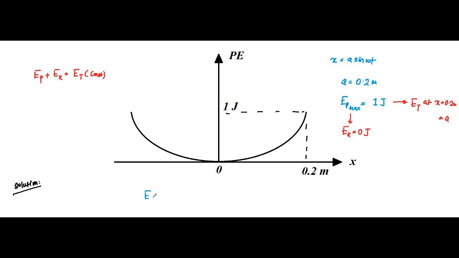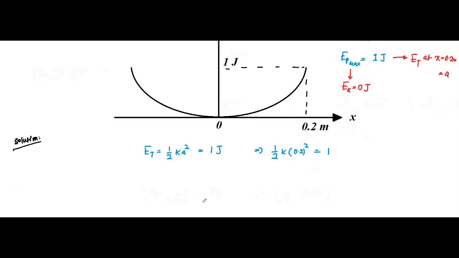So first, total energy is given as 1/2 k A square, which is 1 joule here. That implies 1/2 k, substituting A with 0.2 whole square, is equal to 1 joule.